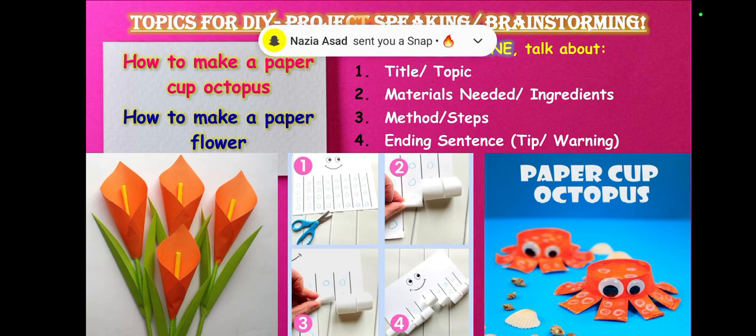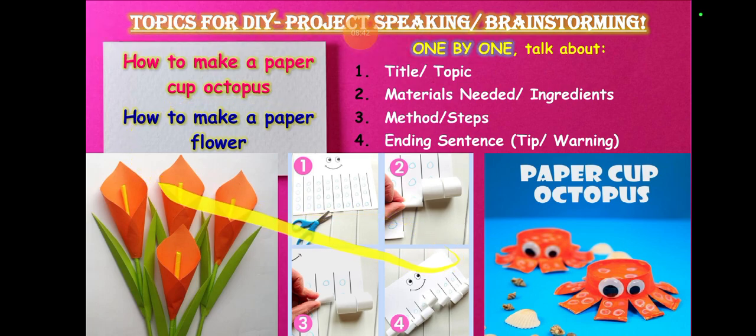If you choose how to make a paper flower, then you have to first take an A4 size sheet, make a paper flower, side by side note the instruments or things that you use, and then write them as a procedure. Or you can simply write it, it's your choice, if you have ever made that or if you know it. Okay, clear? Am I clear about this?